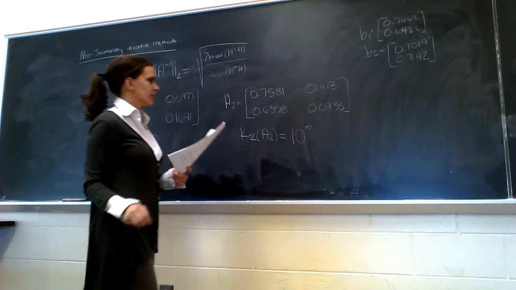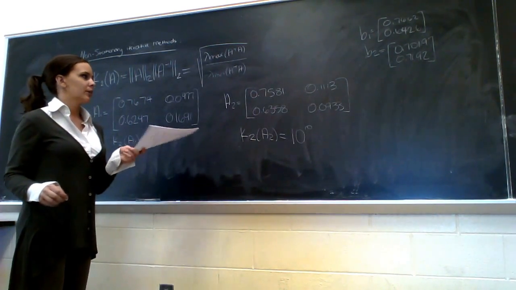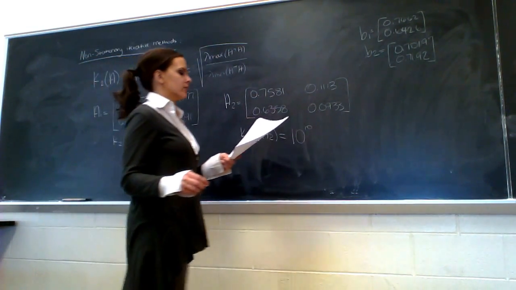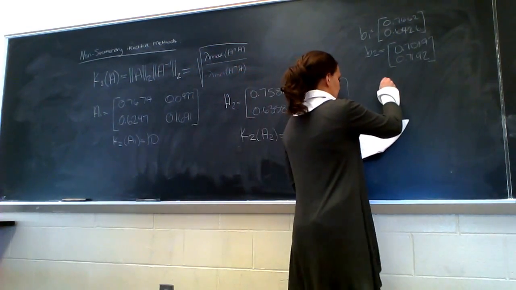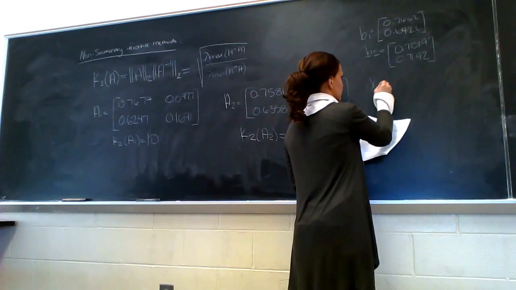So now if we solve these 2 systems where we have A1 times X1 equals B1 and A2 times X2 equals B2, then we get the 2 solutions that follow.